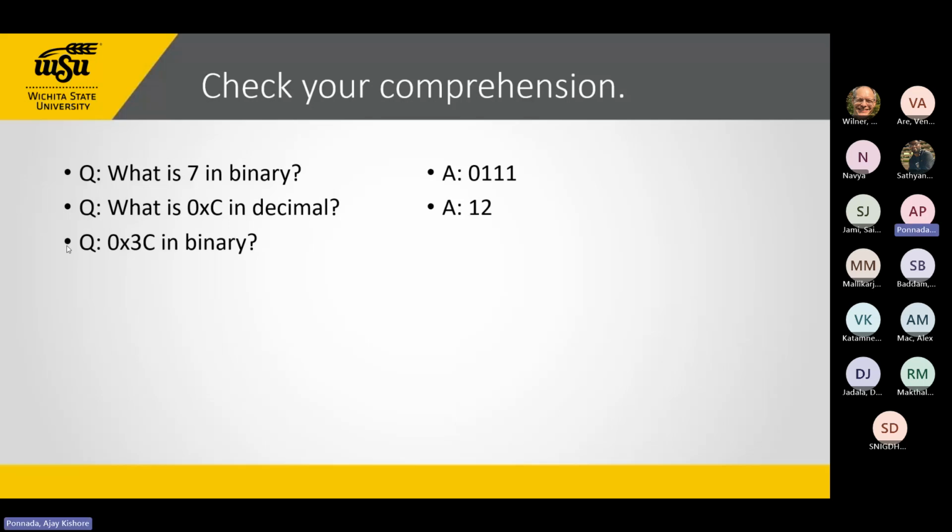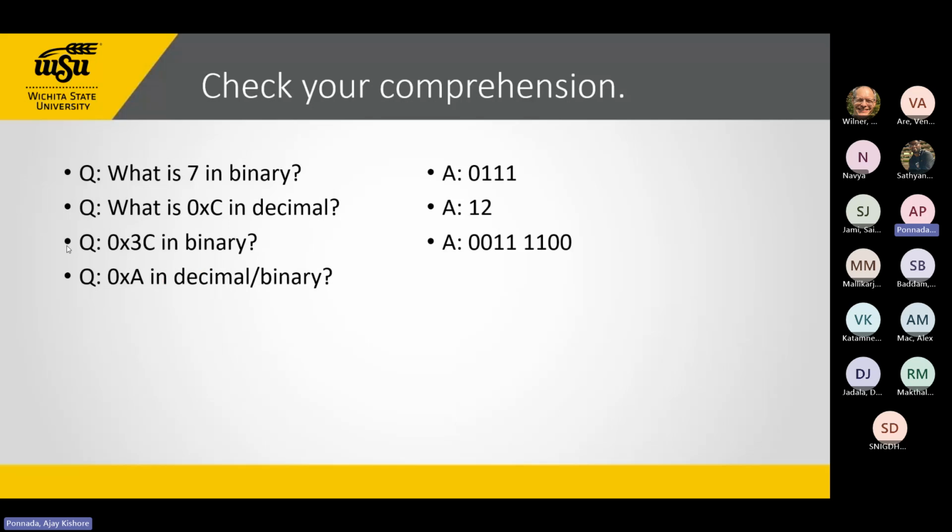It's 00111100. Exactly what I typed. But that should be in 4 bits. Yeah, you could do that, but you need to do it separately for 3 and separately for C.